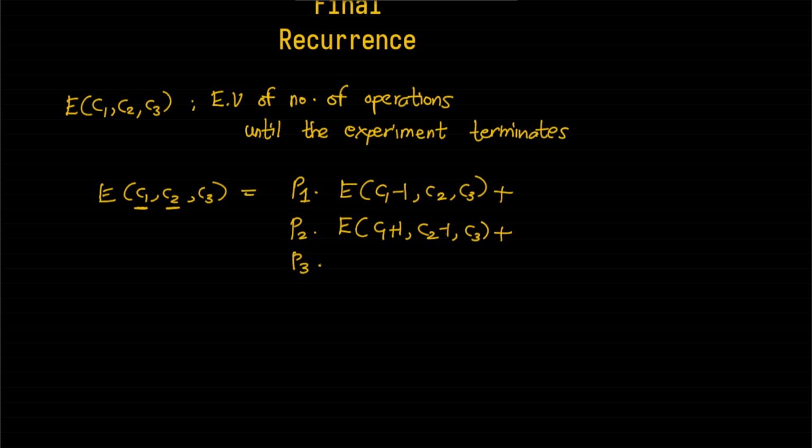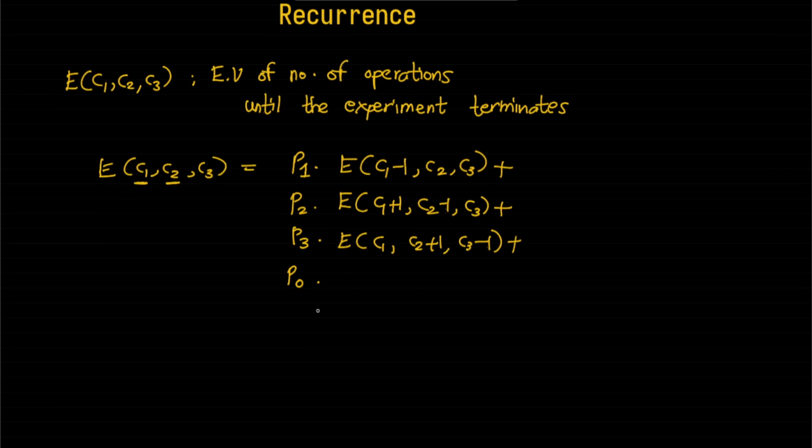Similar for P3, we will arrive at C1, C2 plus 1, C3 minus 1, and let's say P0 is the probability that we arrive at a location where the value is already 0. Suppose the array was 1, 1, 1, 0, 0, 3, 3.